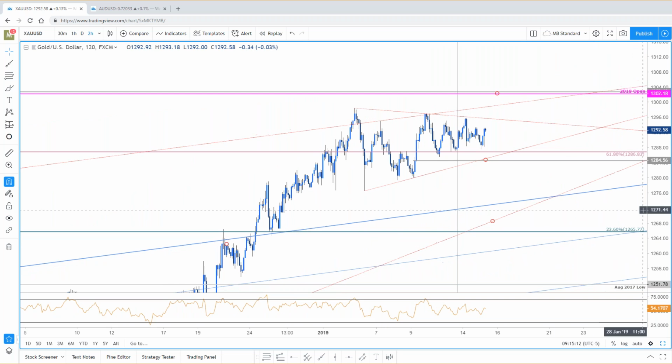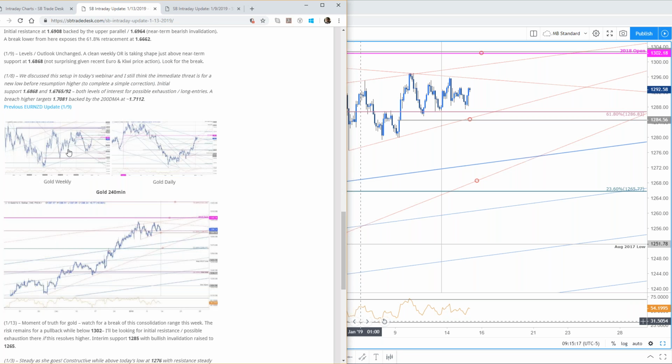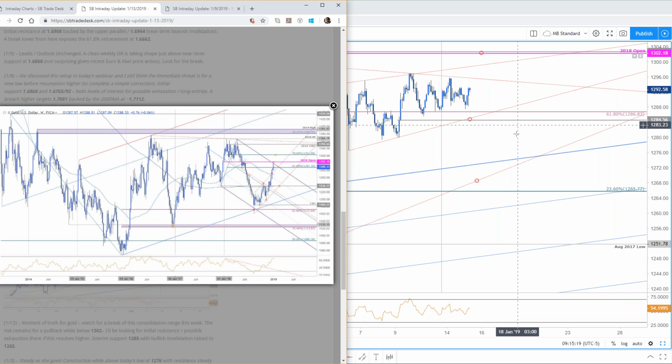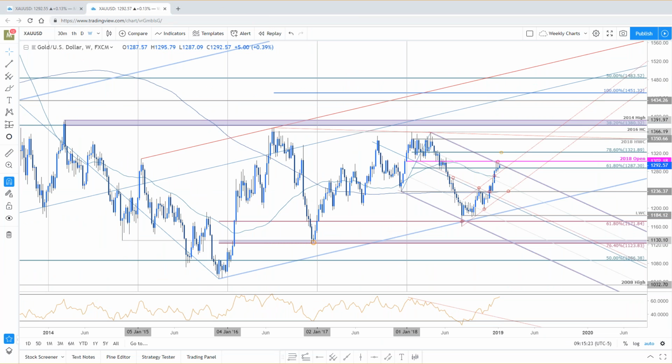Here's the intraday chart for gold. We've been talking about this consolidation structure for weeks now. The weekly chart, I should start with that, is coming into a major area of resistance. Remember yesterday, I don't know if you were in the webinar with us on DailyFX, guys, we were talking about the fact that I've adjusted the slope here on gold.